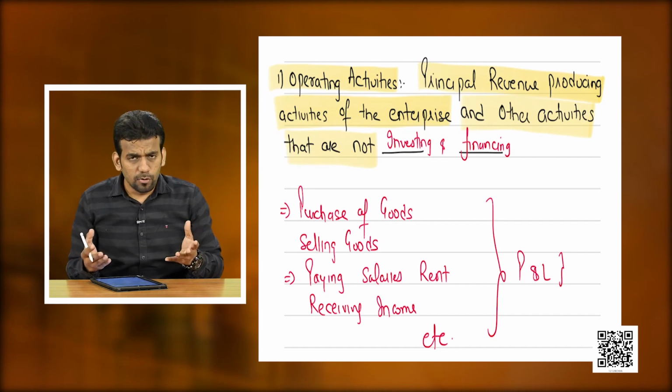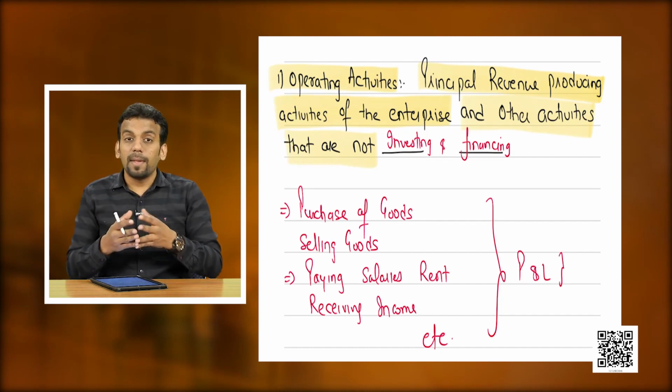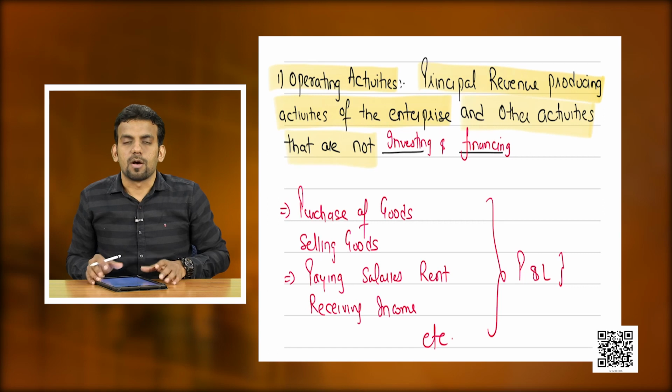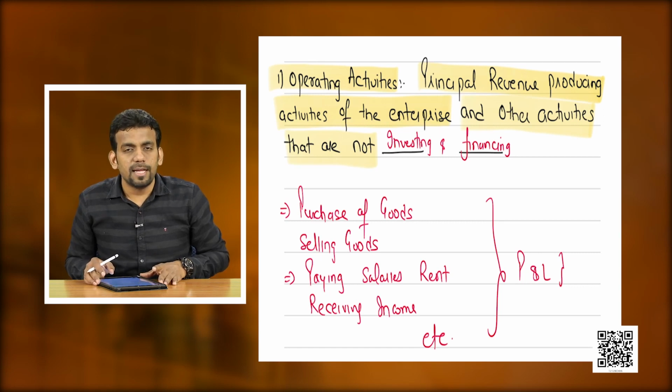So, just make one thing sure in your mind, whenever you are going to start operating activities, you are going to start it with the balance of profit and loss account, because operating means operational things of business and profit and loss account deals with all these things only. Yes, there would be a few adjustments we would be making to the balance of profit and loss account, and we will deal with such stuff later.